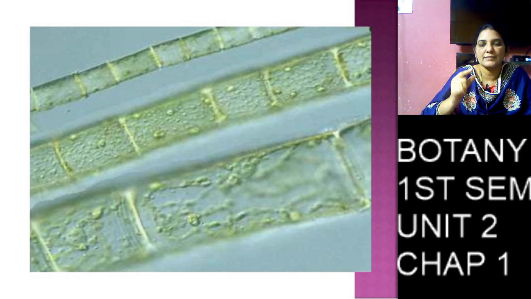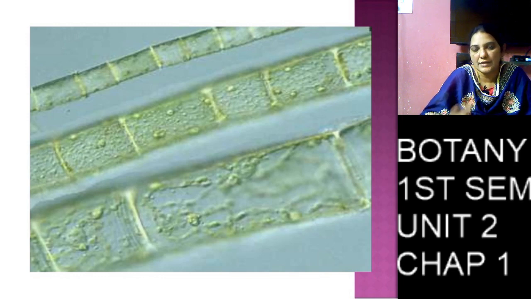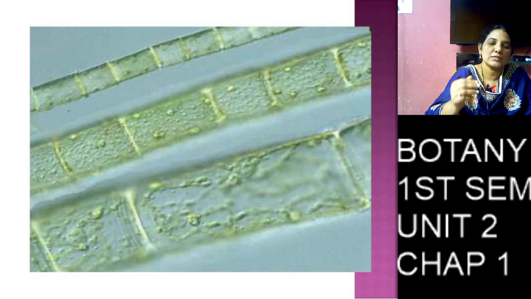At the upper side, one ring-like structure, one thick ring-like structure, is forming. Then, in the next stage, the mother cell undergoes mitotic division and is divided into two cells, an upper cell and a lower cell.